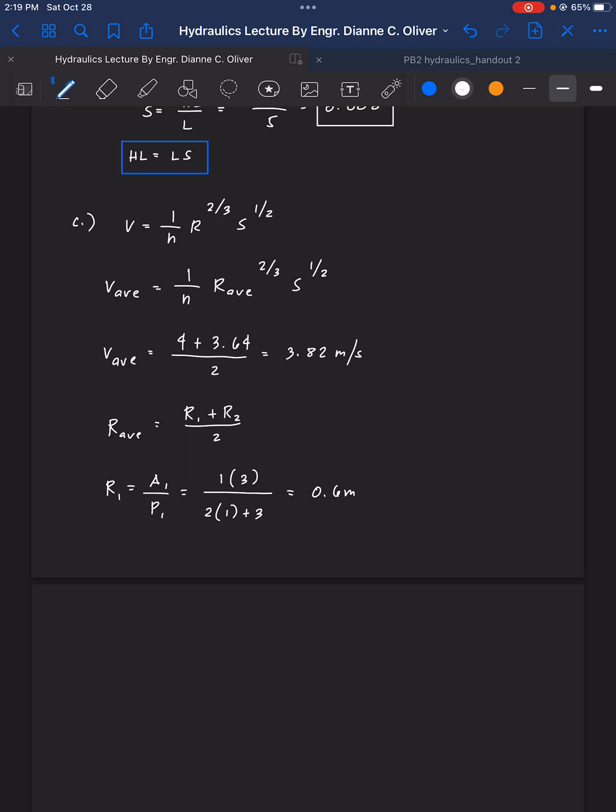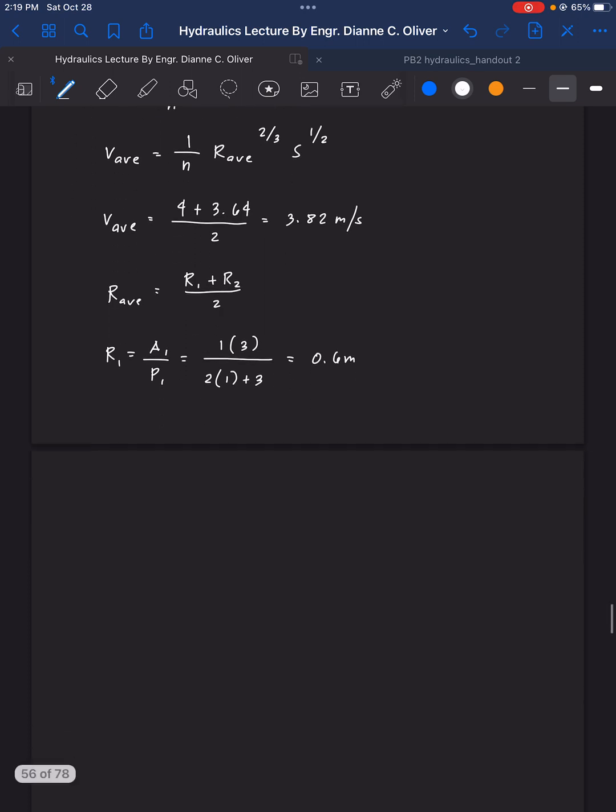Now for R2, area 2 divided by perimeter 2. For area 2, we have 1.1 for the depth, same width of the channel, and 2 times 1.1 plus 3 for the perimeter.